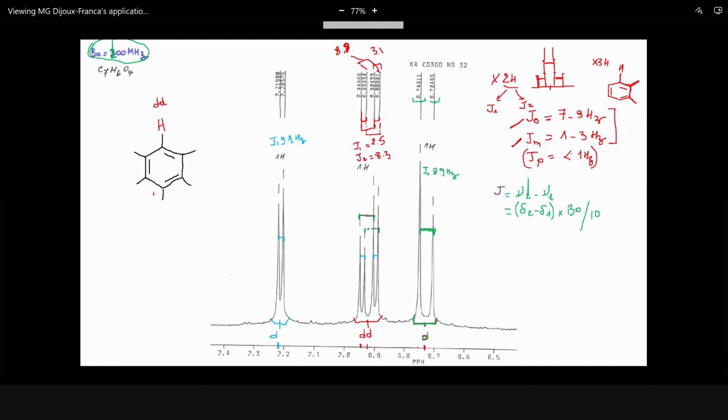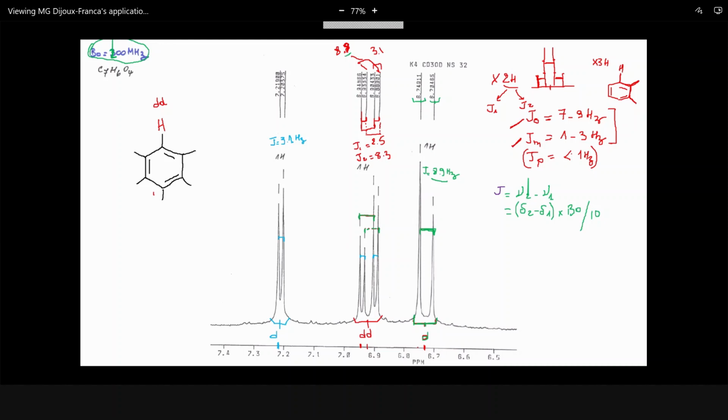So the question is, well, the green proton here is a doublet. That means that it is coupled to only one proton, or at least with a strong coupling with an ortho coupling. So as I found the same coupling constant in the green one, 8.9 here.